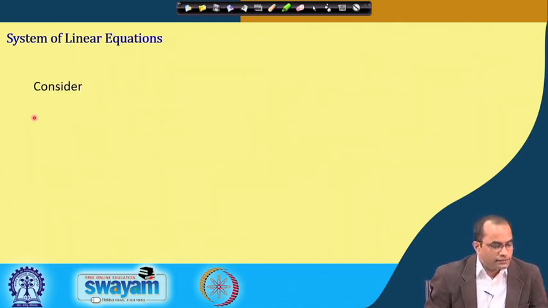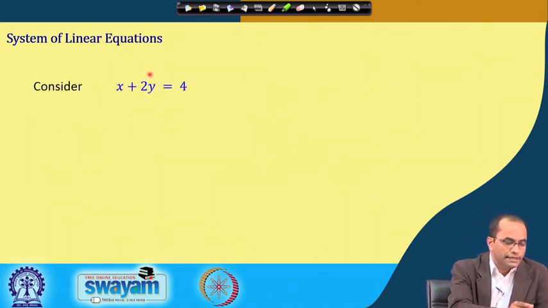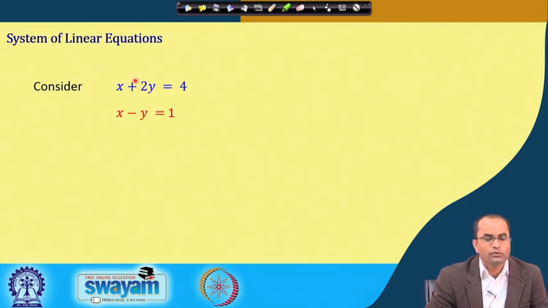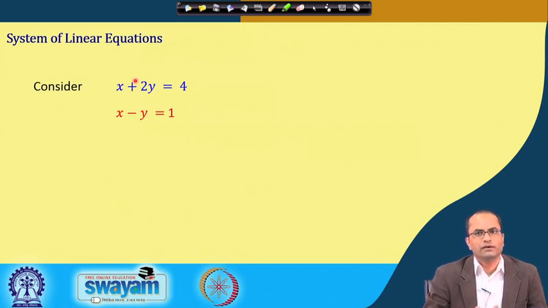Let us take a simple example. We have x plus 2y is equal to 4, one equation, and then one more equation given by x minus y is equal to 1. Considering these two equations, the geometrical interpretation will be very easy, and then we can generalize the concept for more variables.